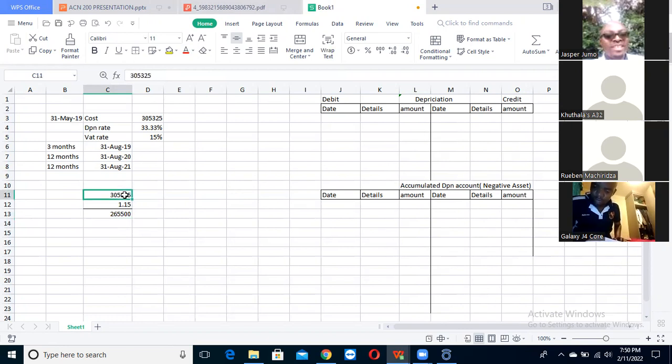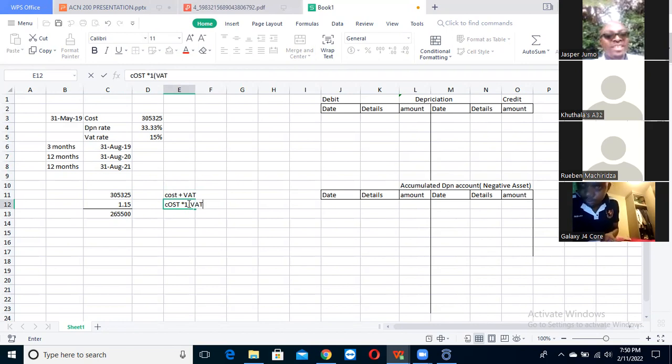To get to this amount, we say the cost of the asset multiplied by the VAT rate, or plus VAT. So the short form for this is just saying cost multiplied by 1 bracket the VAT rate.